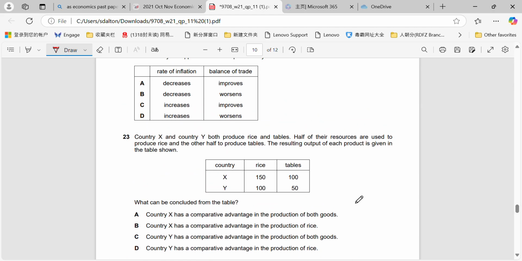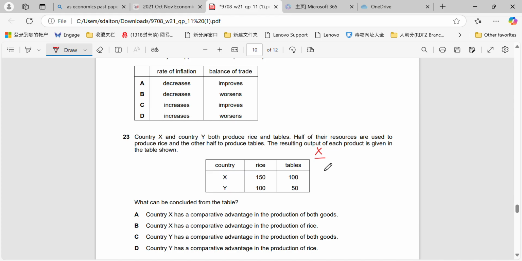Okay, absolute and comparative advantage question. Remember, comparative advantage is actually the only one that's mentioned here. That is the lower opportunity cost. So all we have to do is calculate the opportunity cost for each. For country X, we'll do it first.